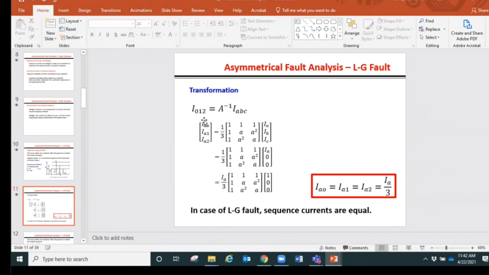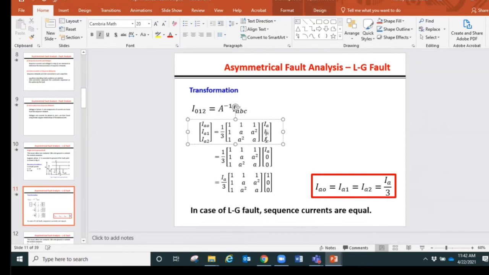Next step is to do the transformation. So the currents are coming in 0, positive and negative sequence form. So IA0, IA1, IA2, A inverse. We put that this is actually A inverse, and the phase currents IA, IB and IC, they are there.